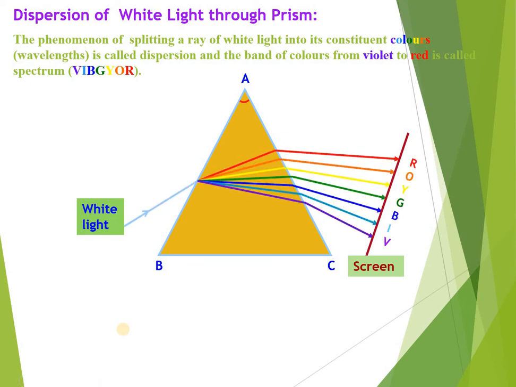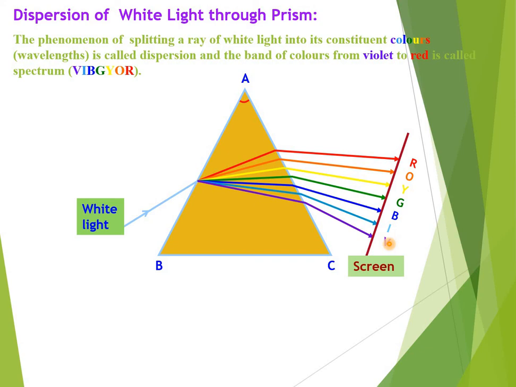It gets split into its 7 constituent colors, in the band of violet to red, which you can easily memorize as VIBGYOR, that is violet, indigo, blue, green, yellow, orange and red. So the splitting of white light into the 7 constituent colors is known as dispersion of white light.